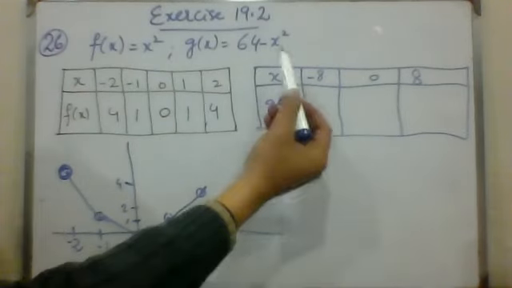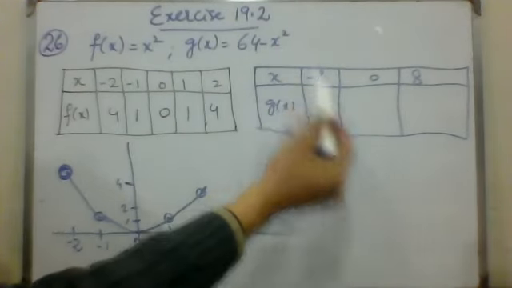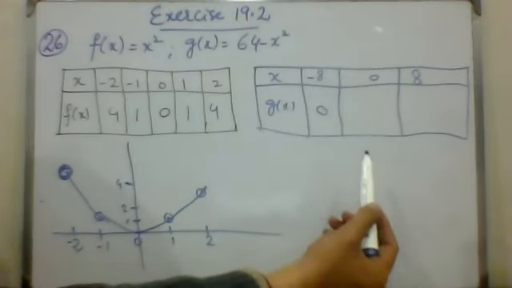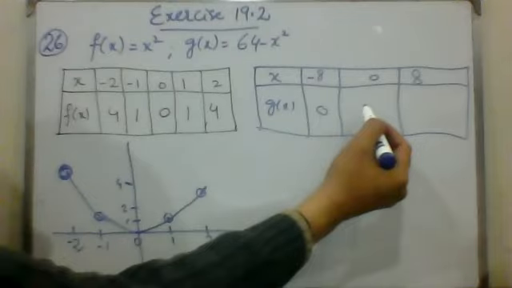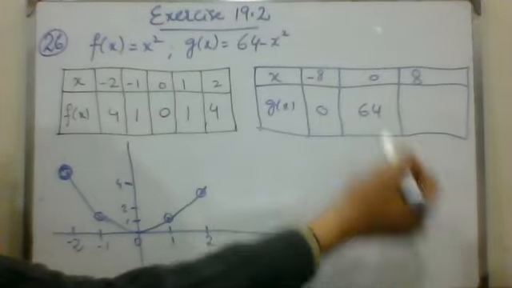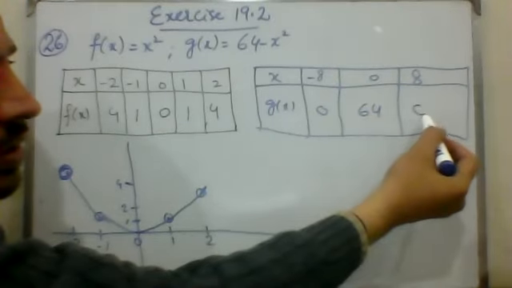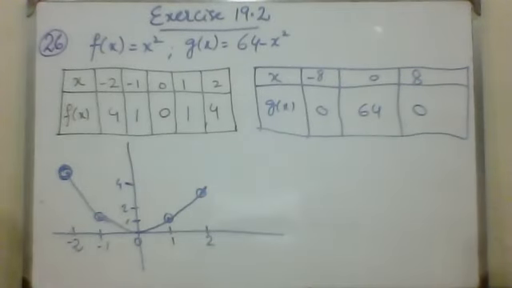When we put -8, -8 square is 64, so 64 minus 64 is 0, that is the first point. Now second, when we put 0 we get answer 64. When we put 8, we get answer 0. So the graph will be represented like that.